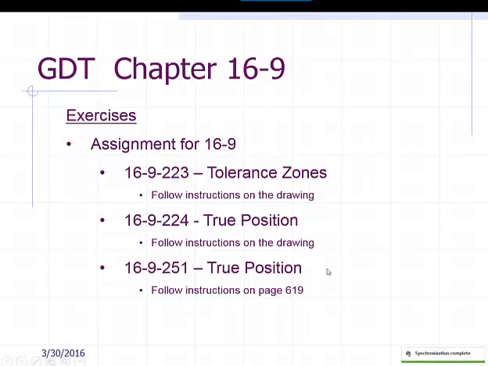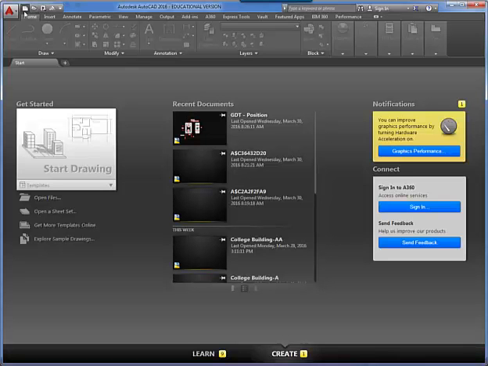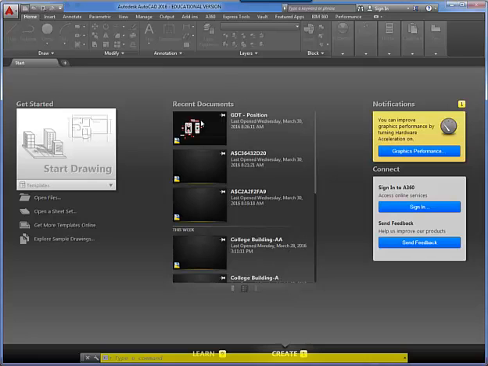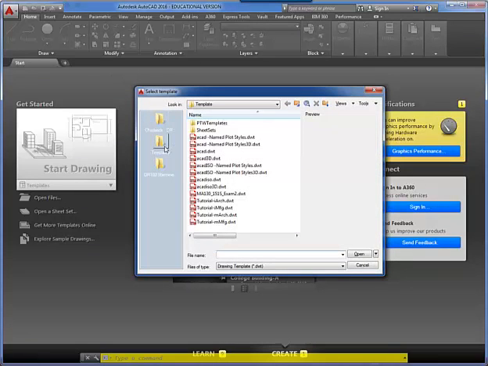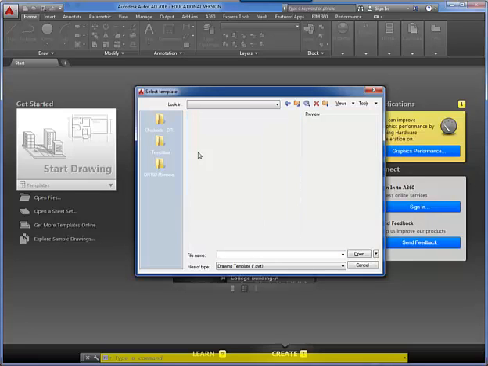So the plan then are 3 drawings from the Chapter 9 folder. I'll pop into them and show you what you'll need to do on those. Okay, so templates folder, GDT folder, and then the 16-9 folder.